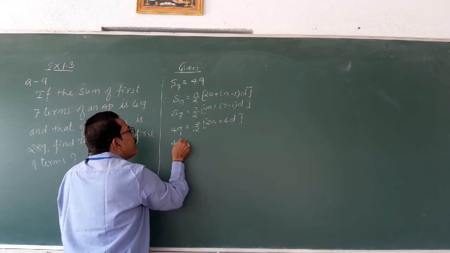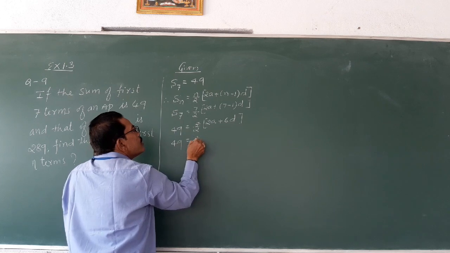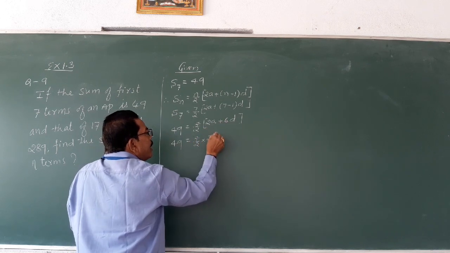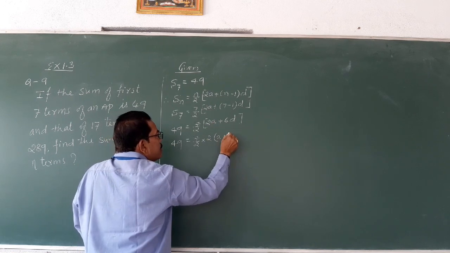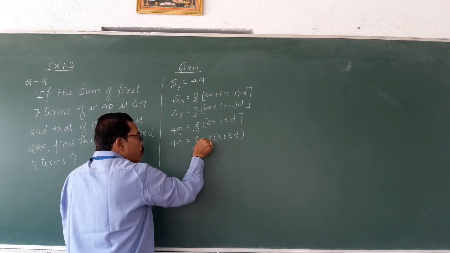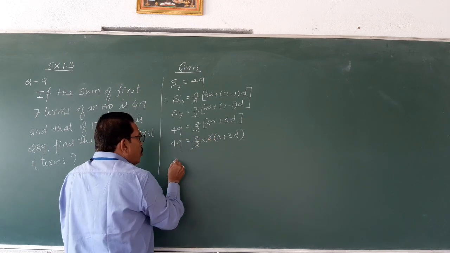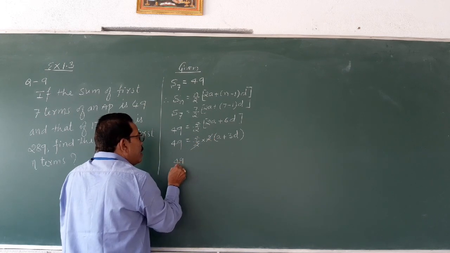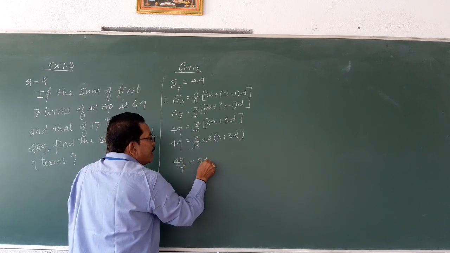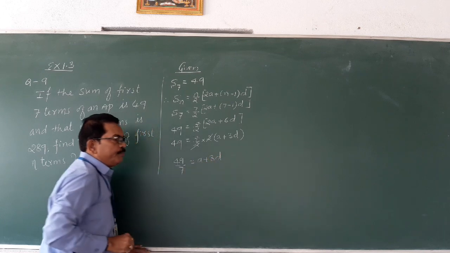So 49 equals 7 by 2. Let us take 2 common in the bracket: a plus 3d. 2 gets cancelled. So 49 by 7 equals a plus 3d.